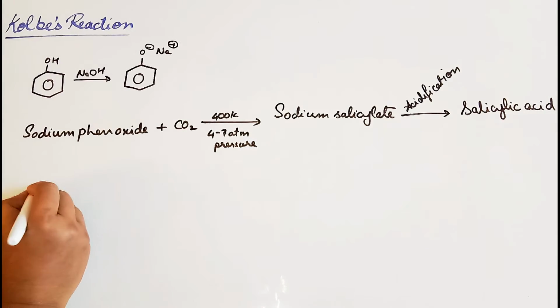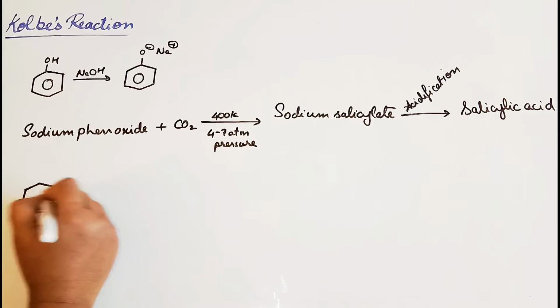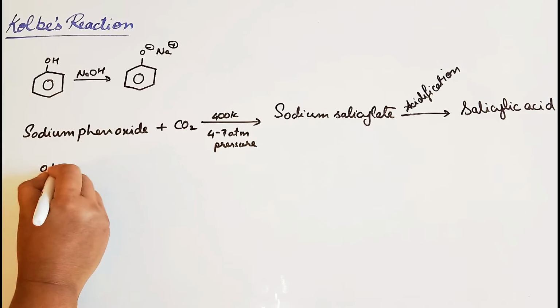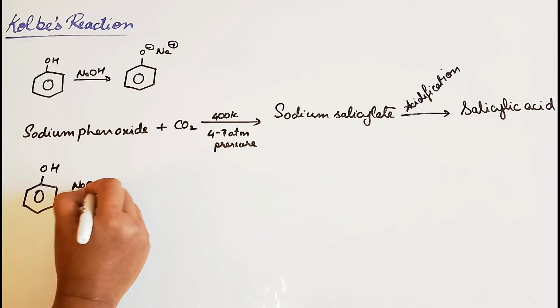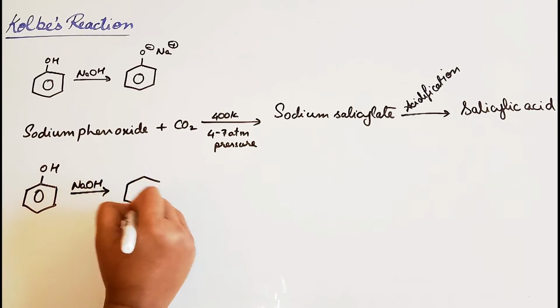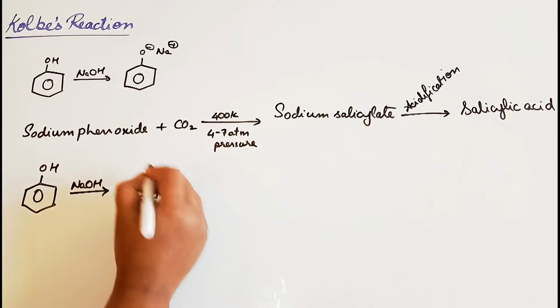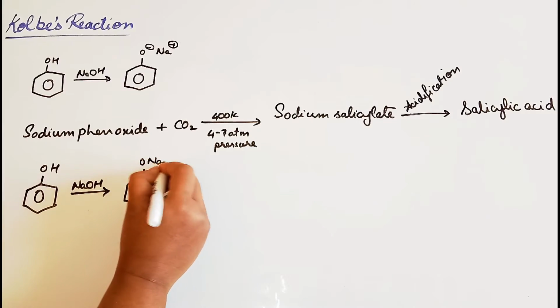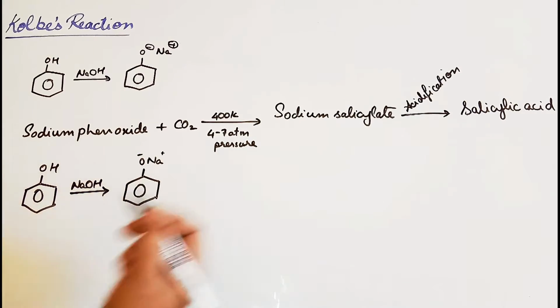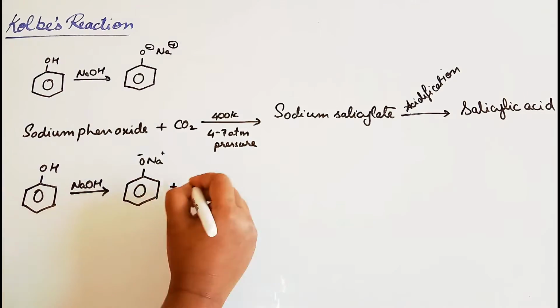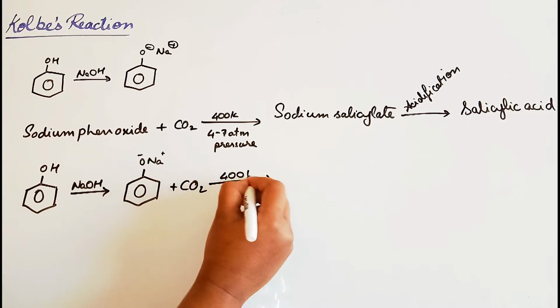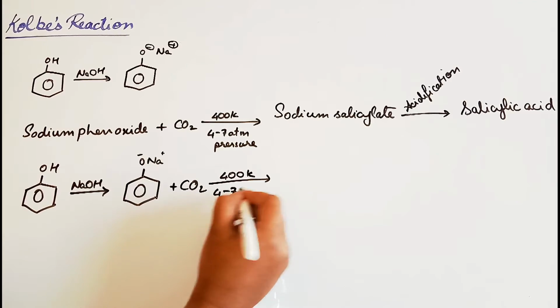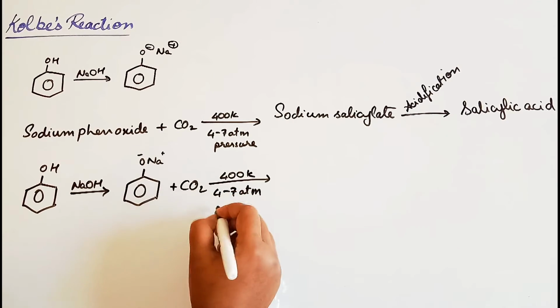So we have phenol, so benzene with an OH group. This reacts with NaOH to form sodium phenoxide, O minus Na plus, and this reacts with carbon dioxide at 400 Kelvin and 4 to 7 atmosphere pressure.